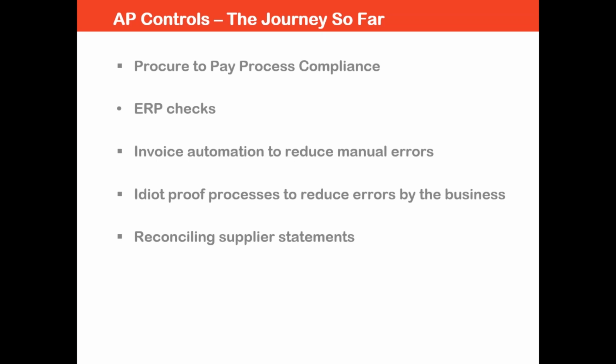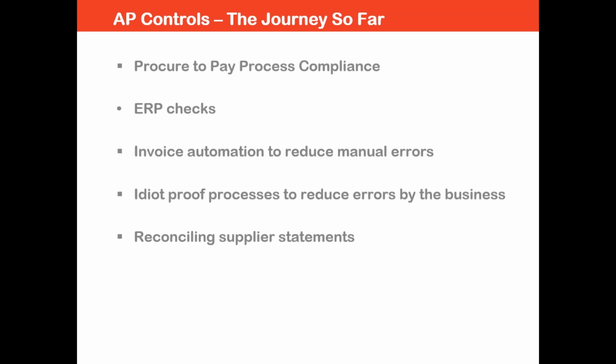We've also got ERP systems, which enable the procure to pay process, but they also have additional checks in there around duplicate checking. Obviously you can run payment proposals and review them before invoices get paid. So we've got lots of system checks.